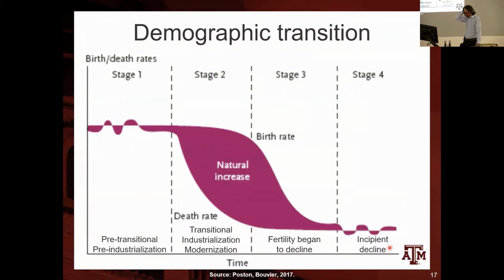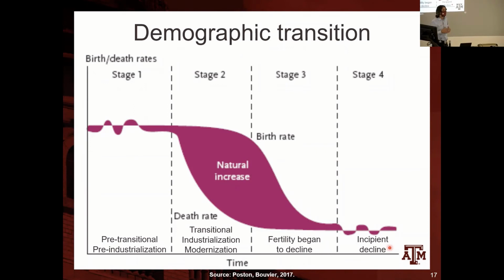And now I'm going to talk a little bit about the demographic transition, which is the major theoretical framework that we use to analyze the decline in mortality and the decline in fertility over time in the world. And what are the major consequences of that?